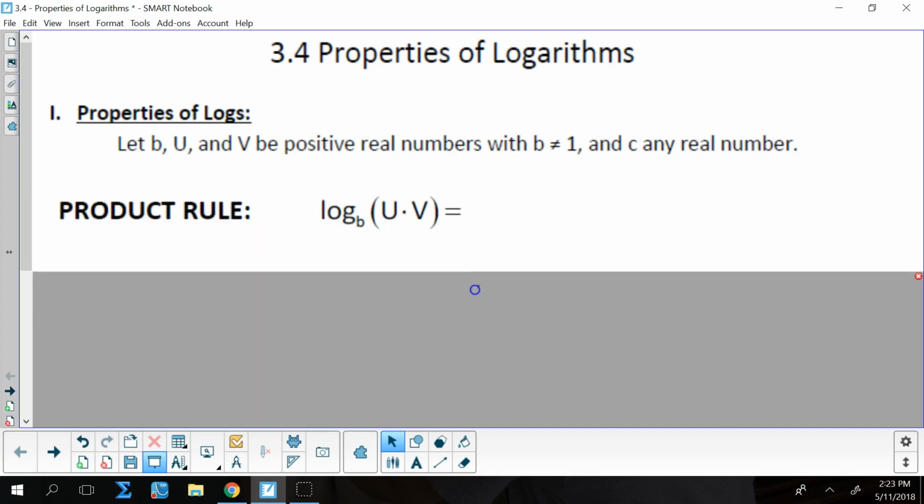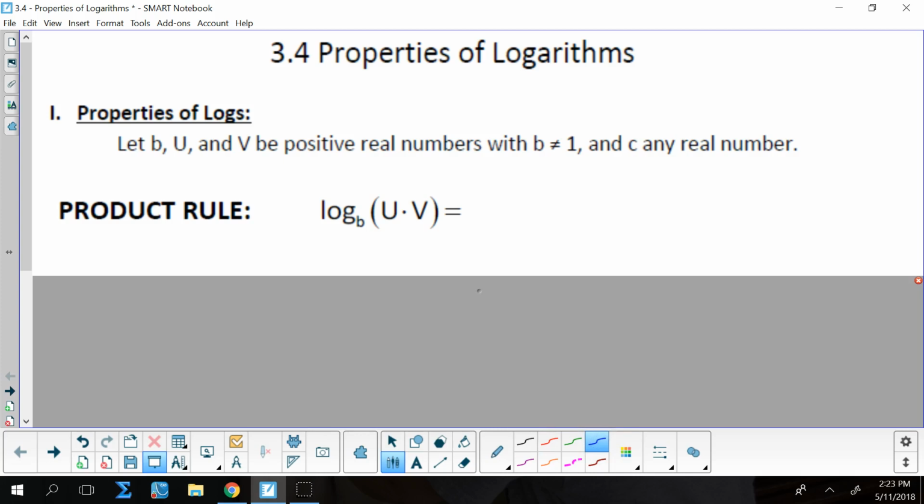So our first property is something called the product rule. The product rule says that if I have two things that I am multiplying together in the argument, this is called the argument of the log, I can break those up into log base b of u plus log base b of v.